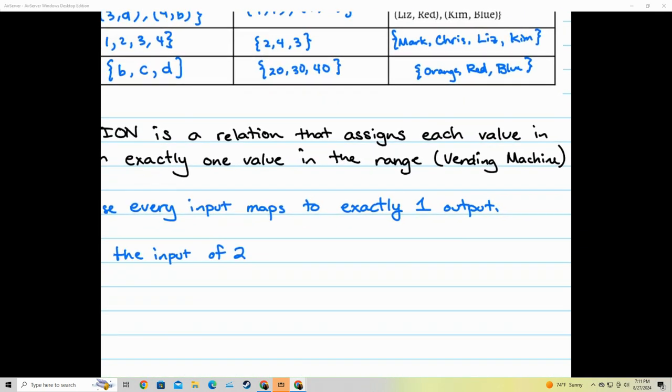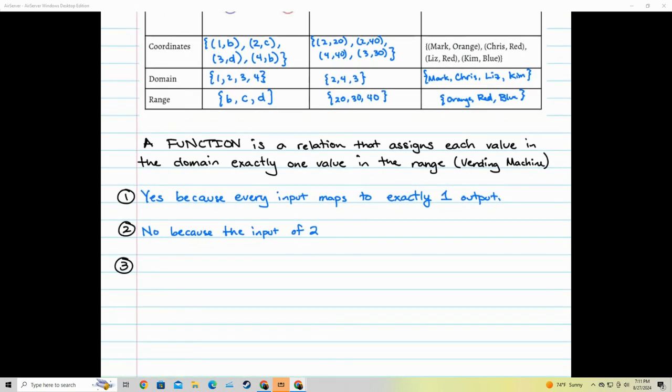So that is not okay. The input of 2 resulted in 2 outputs, which is basically saying you don't know what you're going to get when you press that number 2. So number 2 is not a function.